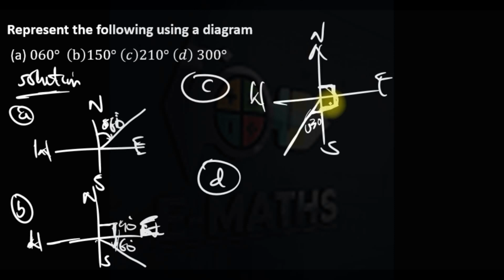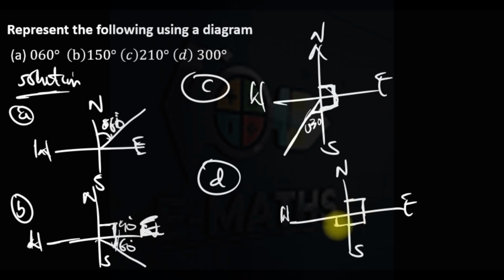Now the last one, 300. I have north, south, east, west. So I move 90, 90, 90. That's 270, remaining 30 to make it 300. Always show the direction. So this is 30, and this is now 300 degrees.